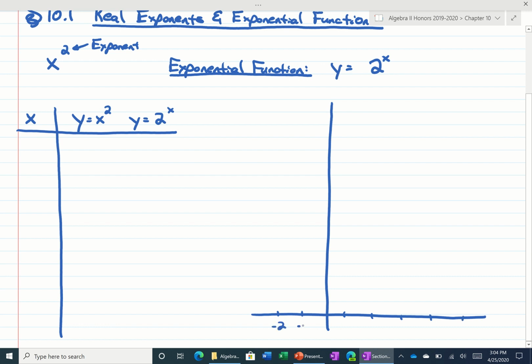So I'll go by 1s on the x-axis, and I'm going to go up by 5s on the y-axis. You'll see why in a minute.